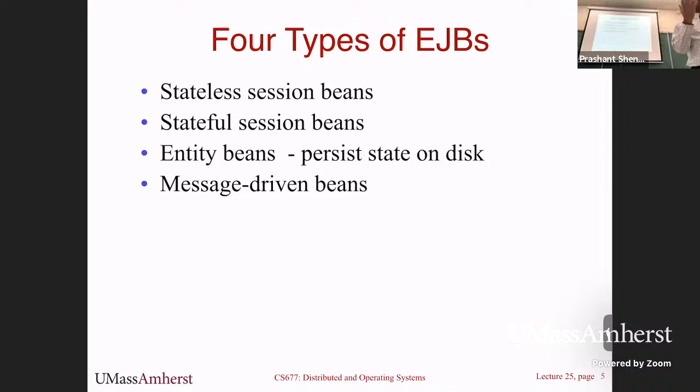Whenever you update the state, it will also update the disk version of the state. So what this also means is enterprise beans are objects that live beyond the process itself. Your process can be shut down and restarted, and then it can just read the object back from file, and it reappears as if it has always been in memory.